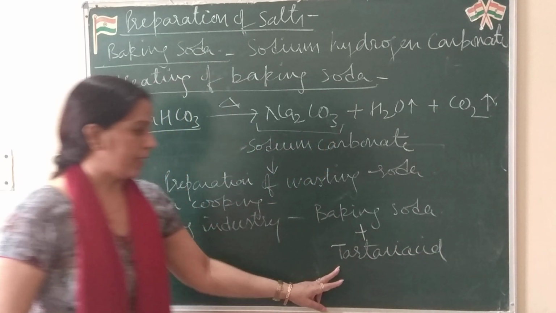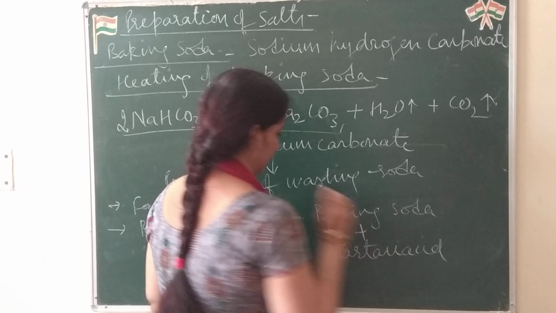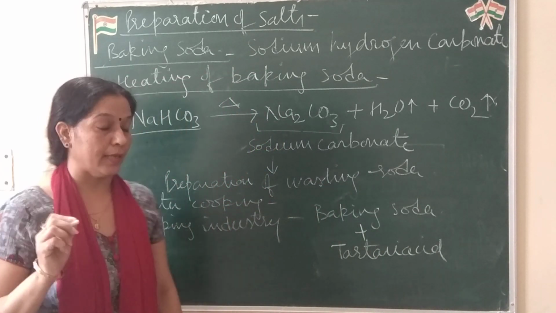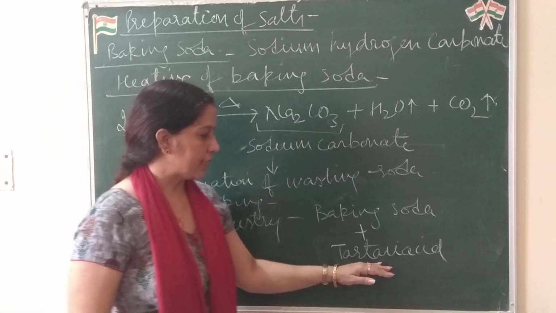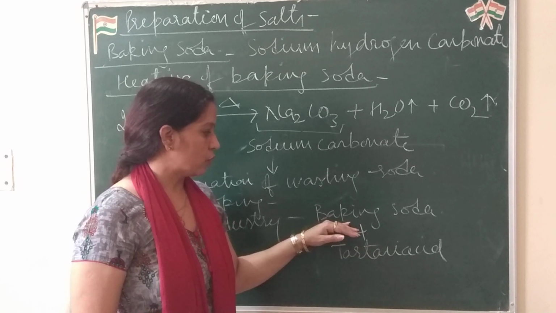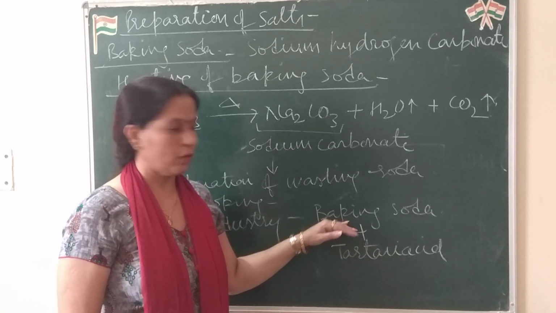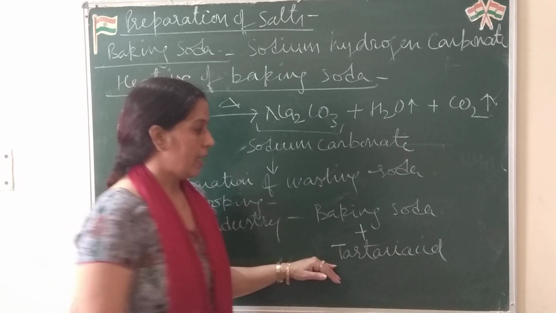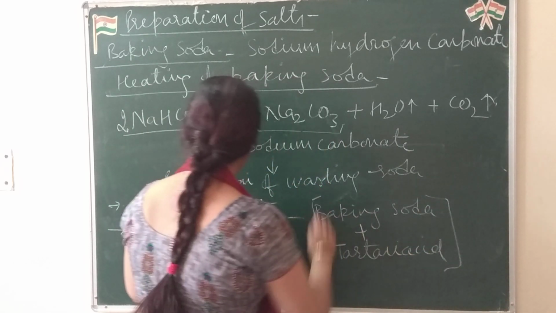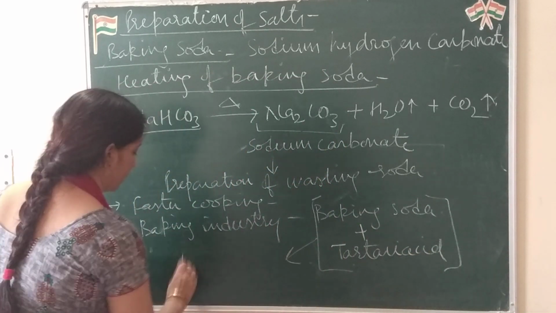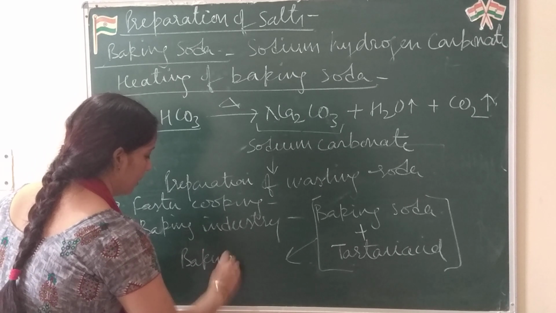Tartaric acid we studied in acids, properties of acids. It is an edible acid. Baking soda is slightly bitter in taste. So when these two are mixed, they form an important product that is called baking powder.